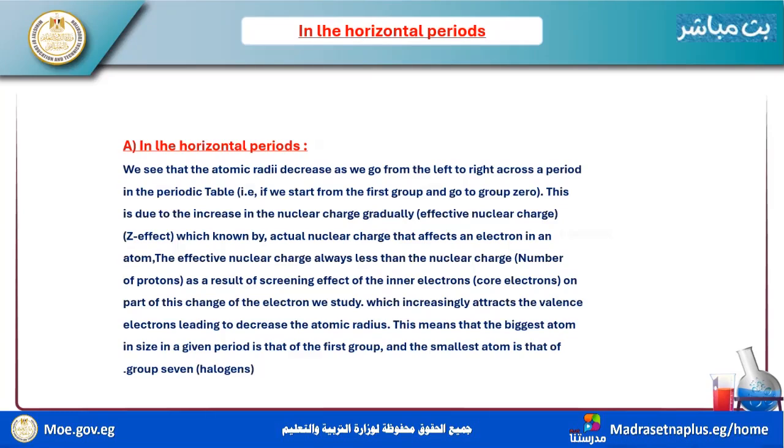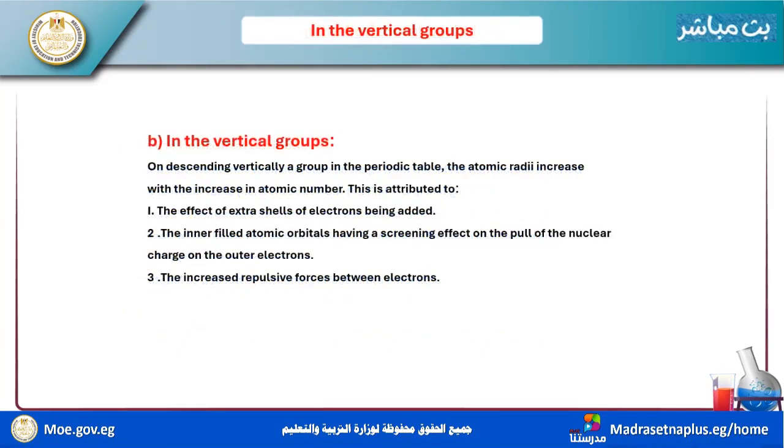In the vertical group, we discuss from this shape that by increasing atomic number, the atomic size increases from up to down. On descending a vertical group in the periodic table, the atomic radius increases.